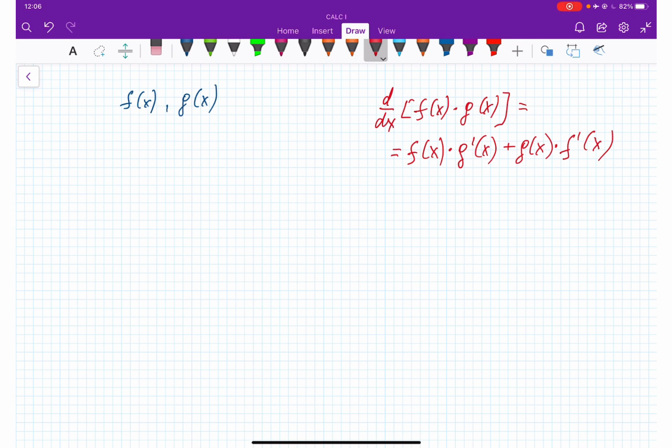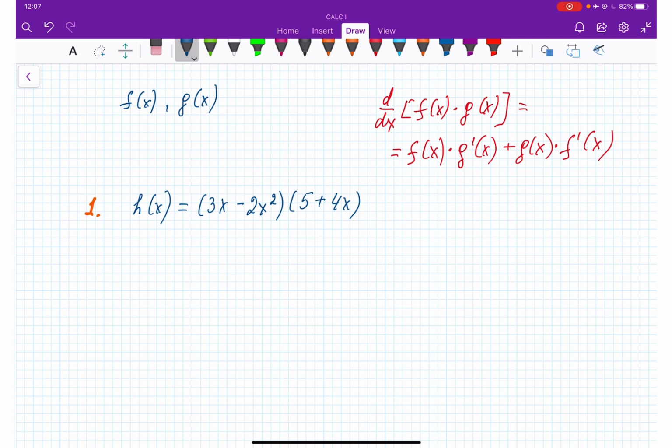Okay, so let's see an example. So we have h of x, the first one. h of x is equal to 3x minus 2x squared multiplied by 5 plus 4x.